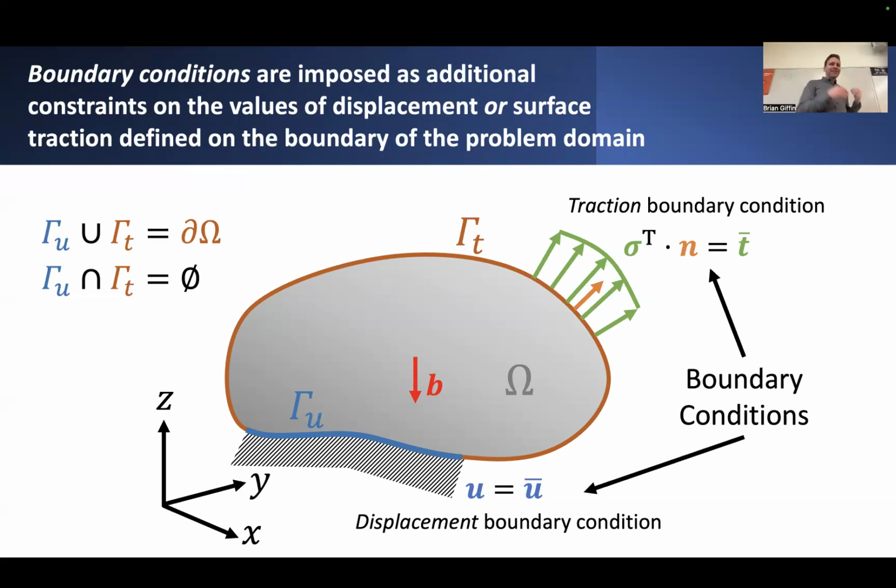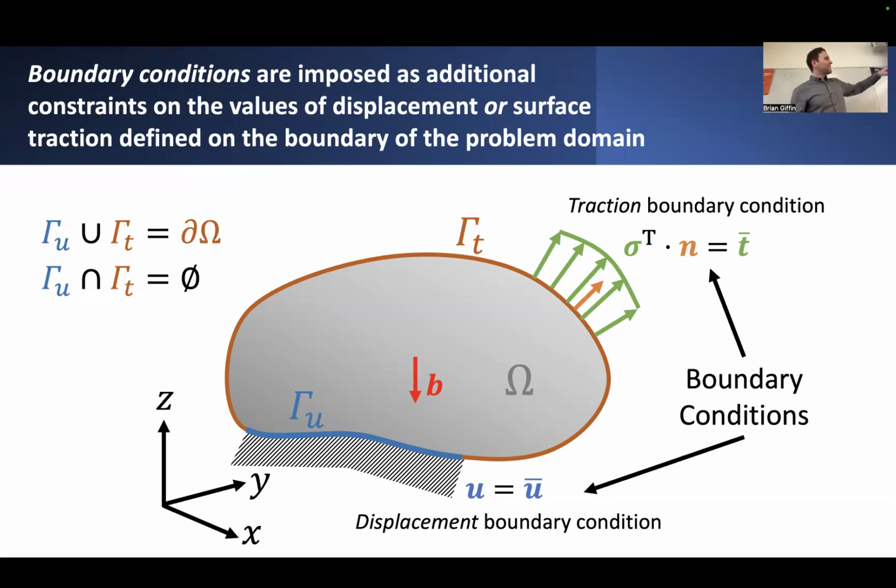We have to come up with some description of not just what this body has to satisfy in a pointwise sense, we also had to describe what's happening to this body on its exterior. So we came up with also descriptions of boundary conditions, things that we can prescribe over the exterior boundary of this domain omega.